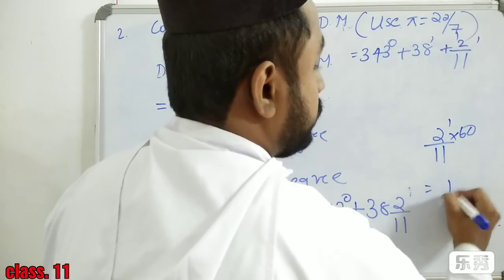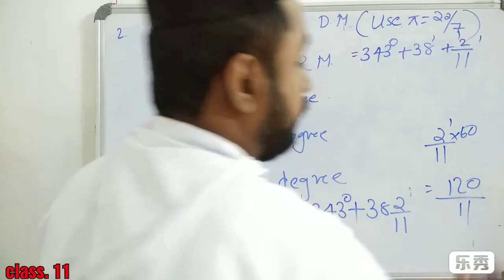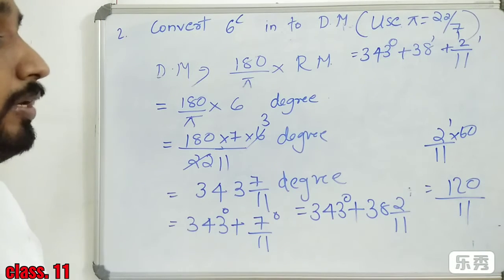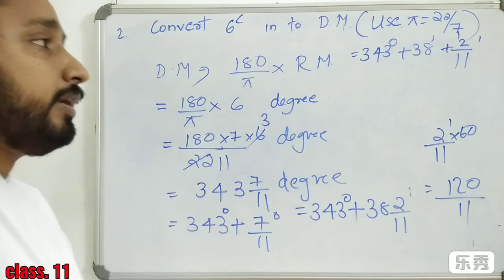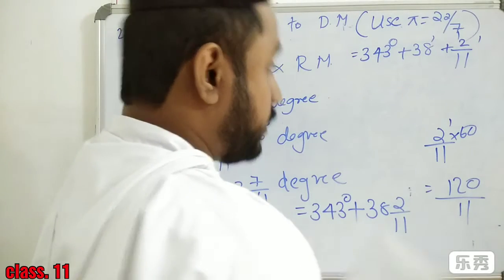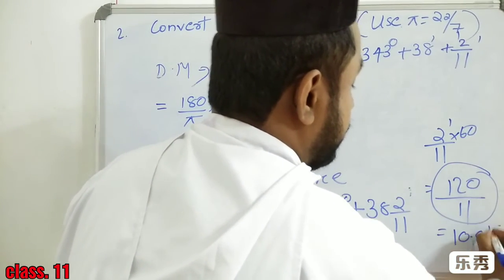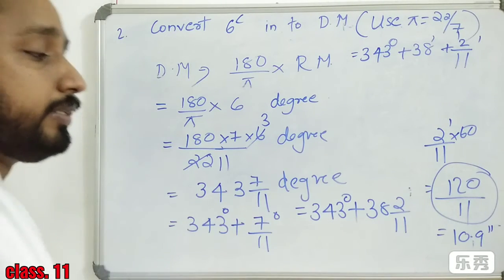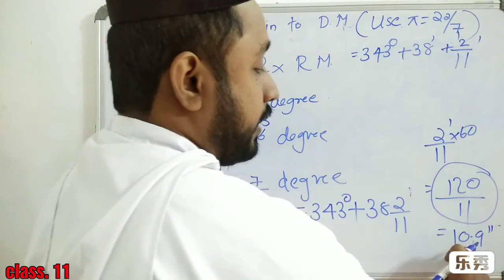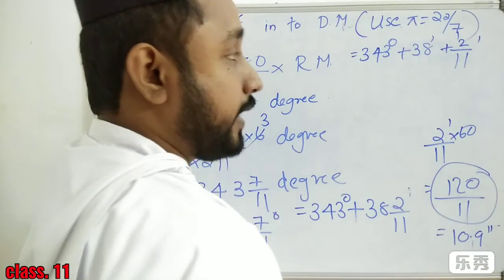So 120 by 11. We can easily write 10.9 seconds. 120 by 11 is equal to 10.9 seconds. So we can easily divide 120 by 11. The answer is 10.9 seconds.